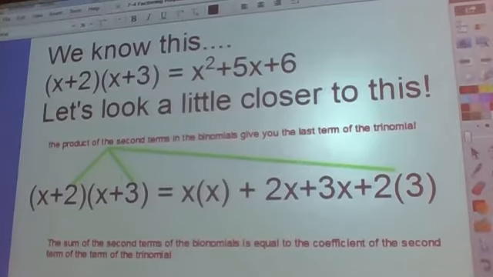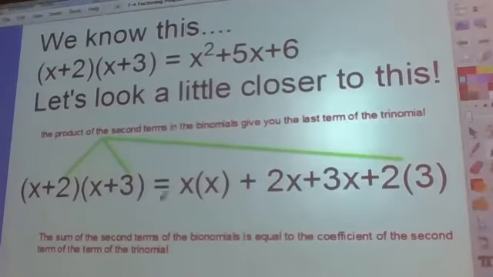These two back numbers, the two end numbers right here, gave us the 6. Agree? The inside numbers came from this and this, and this and this.